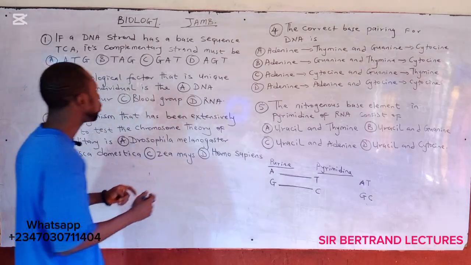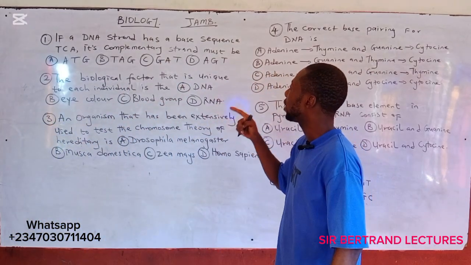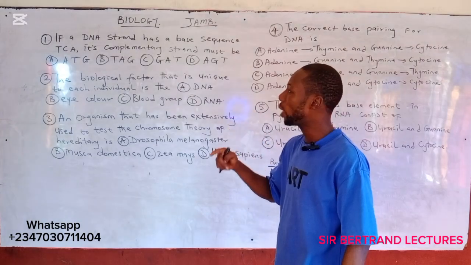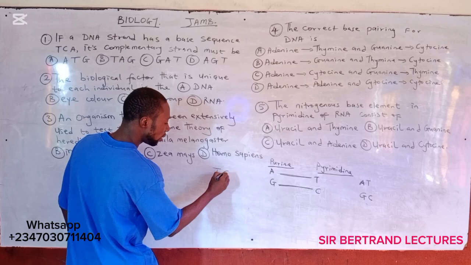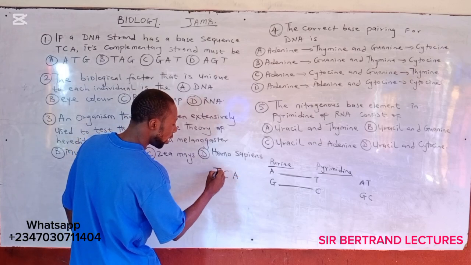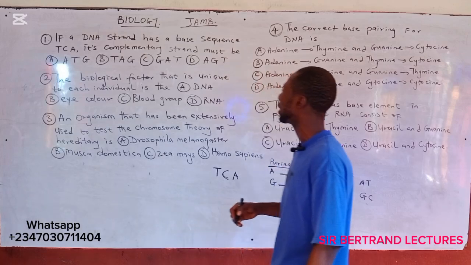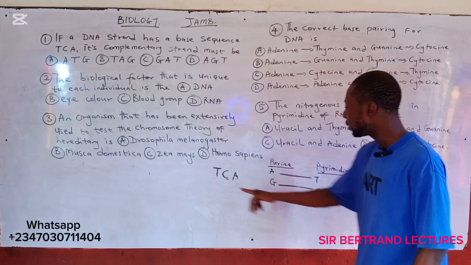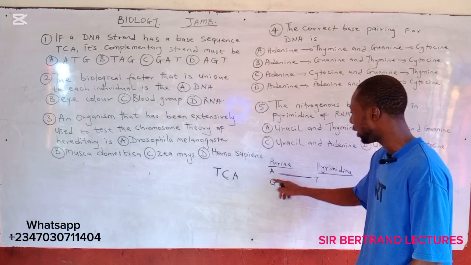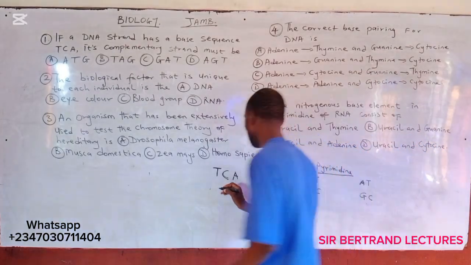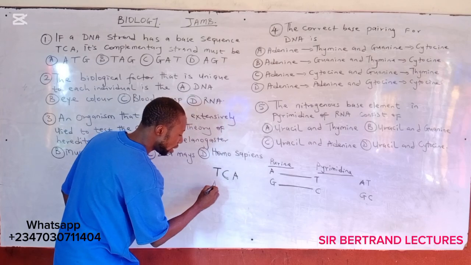And the question on the board is asking that if a DNA strand has a base sequence TCA, what is now going to be its complementary strand? T for thymine must pair with A, so we have A here.